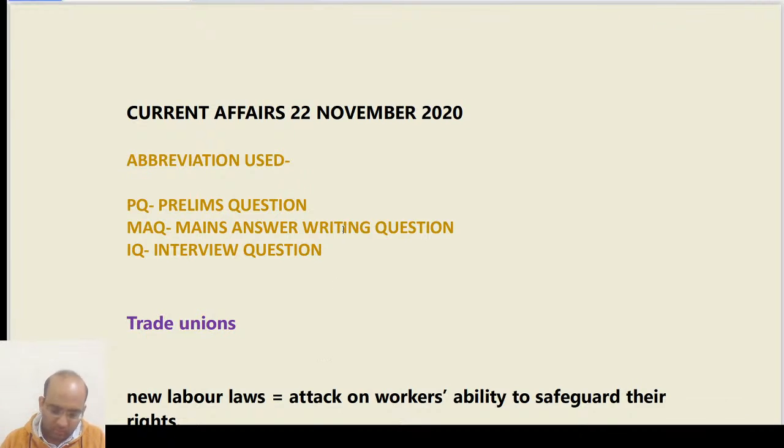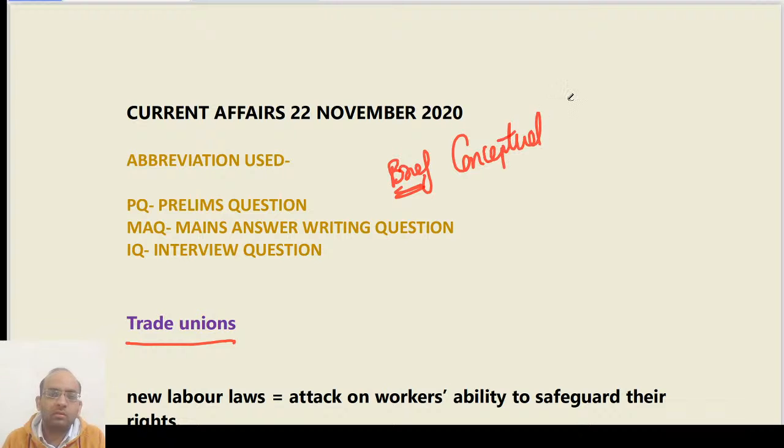So, the first topic of the day that we are going to discuss is trade unions. What is this trade unions? Let me give you a brief conceptual framework of trade unions.